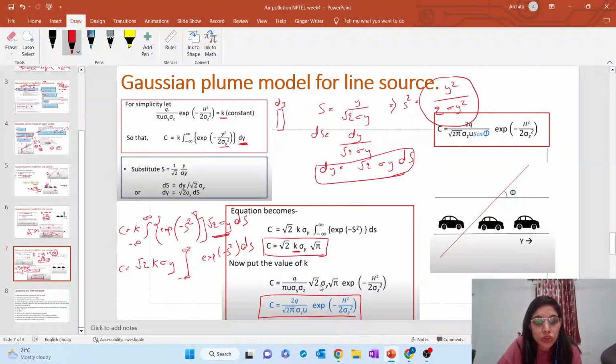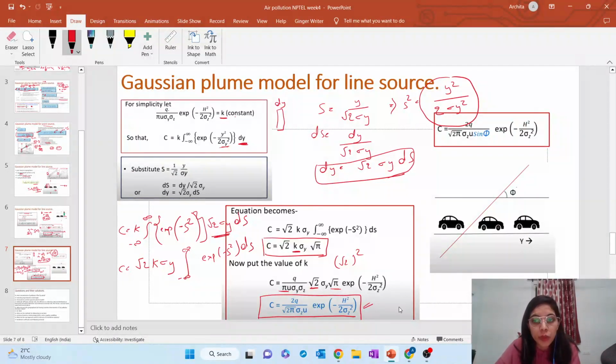Why is it root 2? They just remove this, so if it is root 2 square, and I write 2 above, then this thing will be resolved. That is why there is 2q, and below there is root 2 pi, because they have to resolve these terms, and this is the final equation.